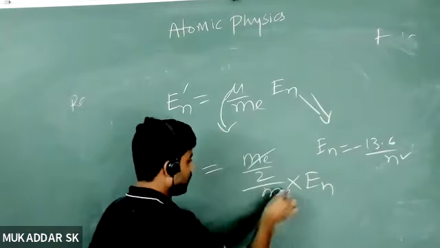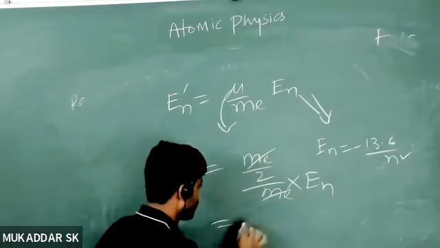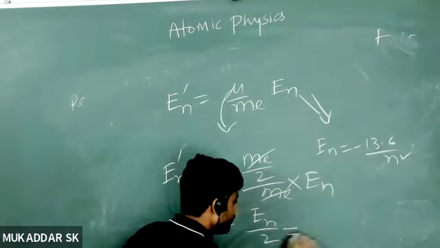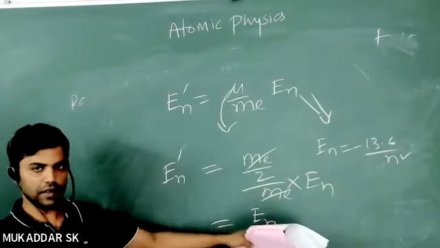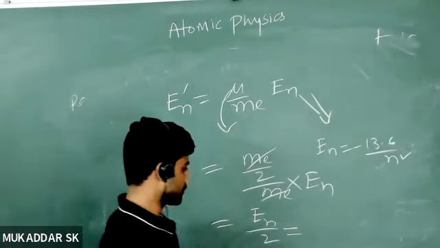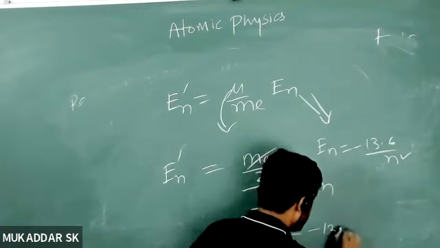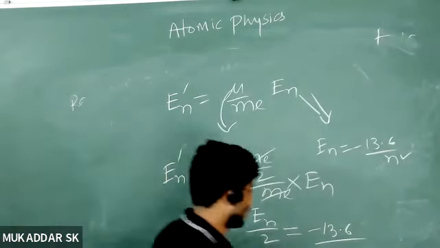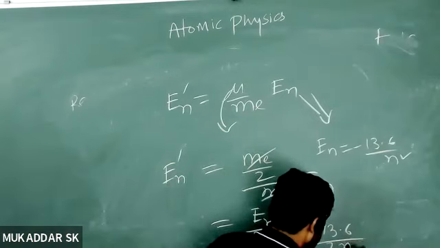So this me will be cancelled, and you get En by 2. And En was minus 13.6 divided by n square, and you have 2, so basically you get 2 times n square.